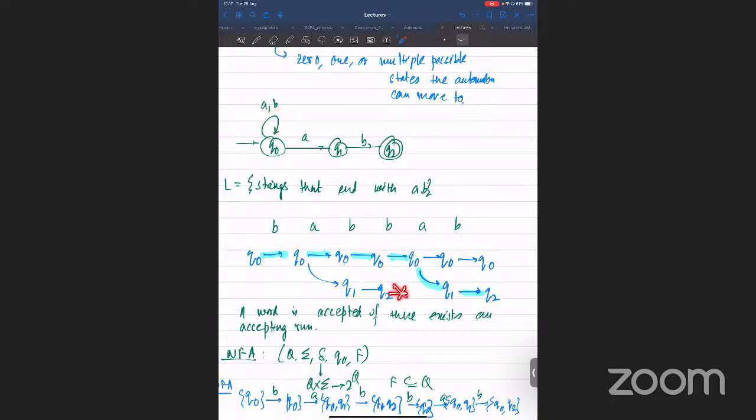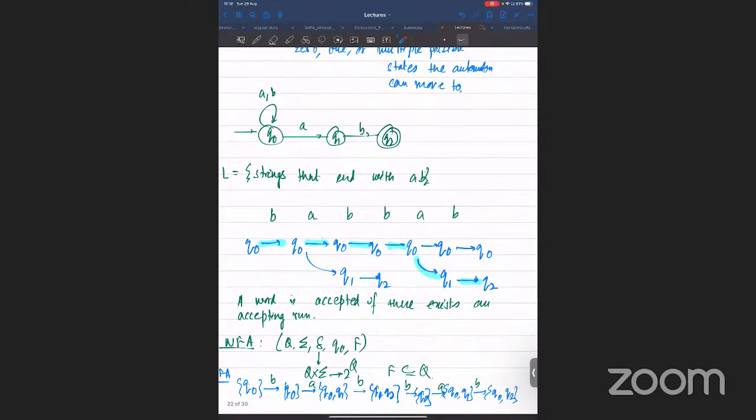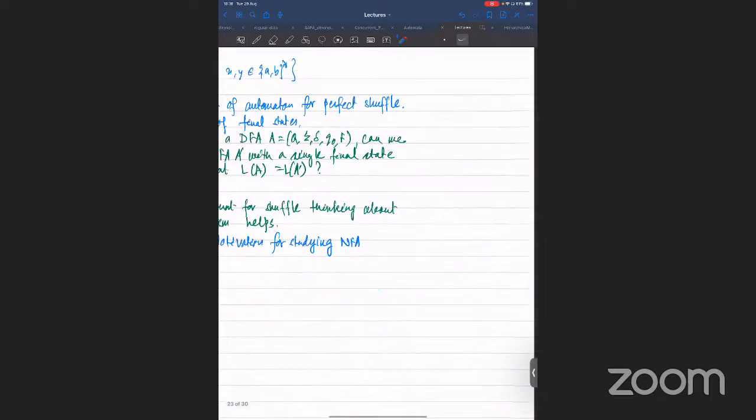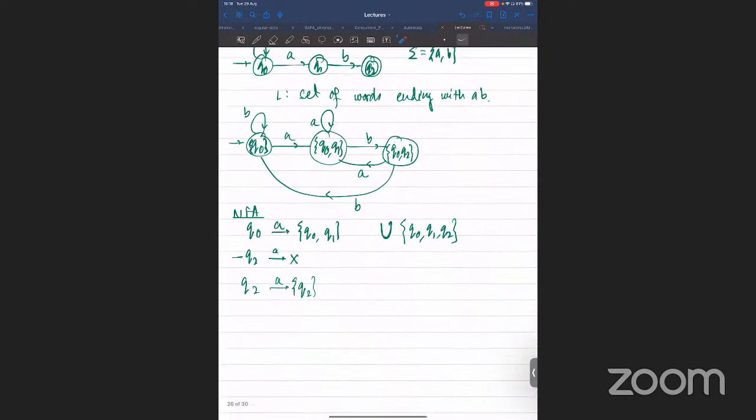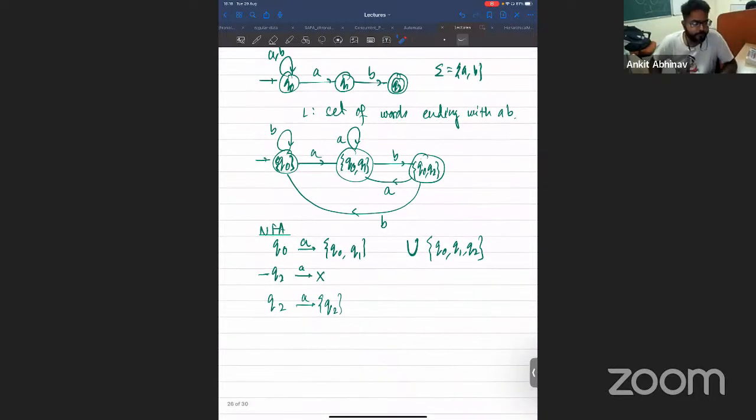From Q2 this is not defined, so this run will die. All we know is the set of runs we currently have after reaching this, and where all we can reach. So this is what we are going to capture by doing this.